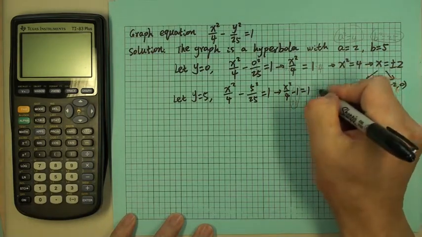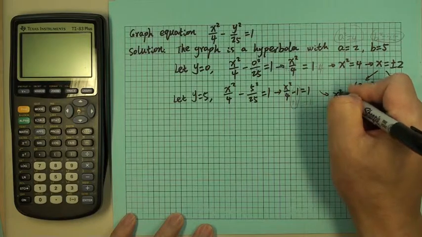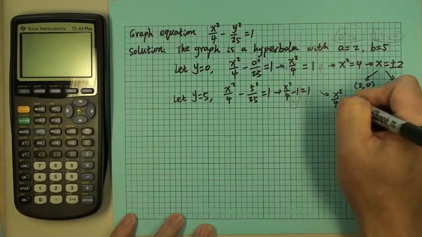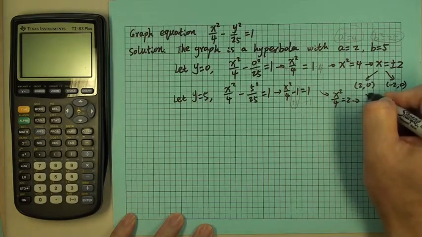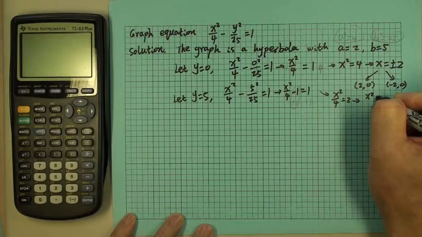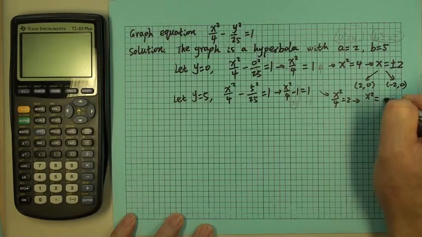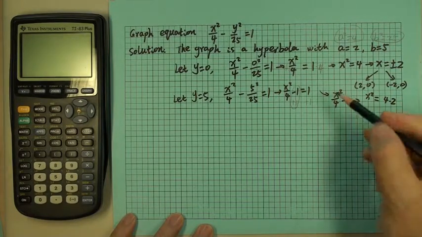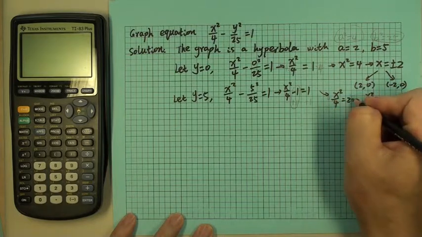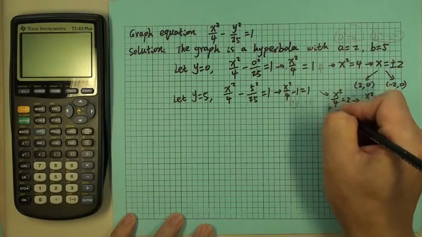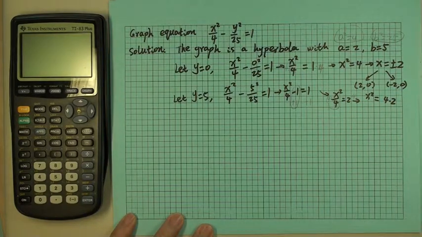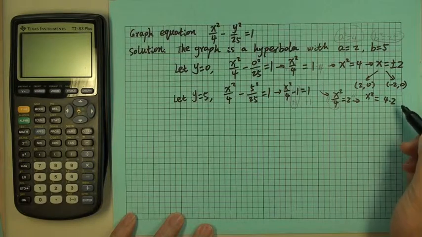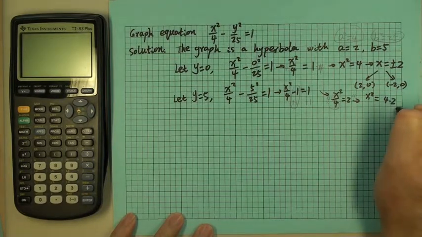So what you get is x squared over 4 is 2. Then x squared is 4 times 2. You may write 8, that's fine, because both sides times 4 and the 4s cancel each other. So x squared is 2 times 4.